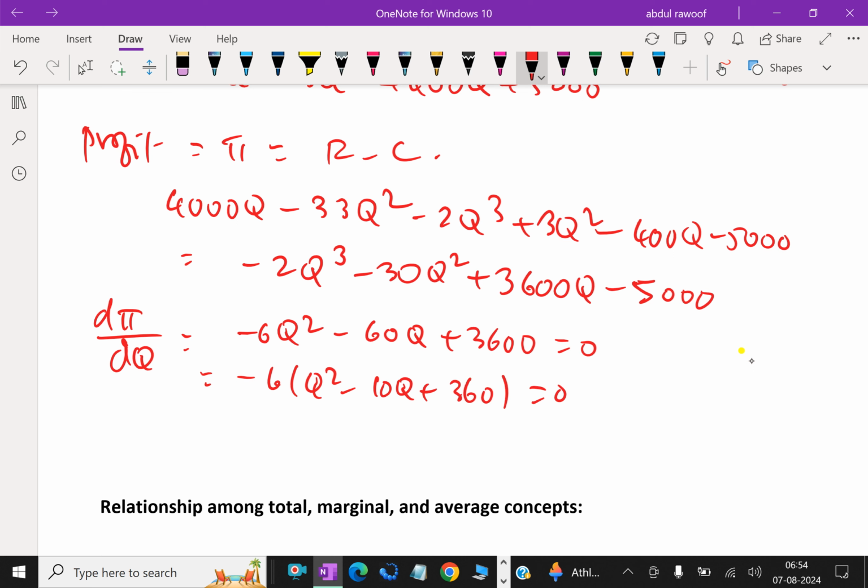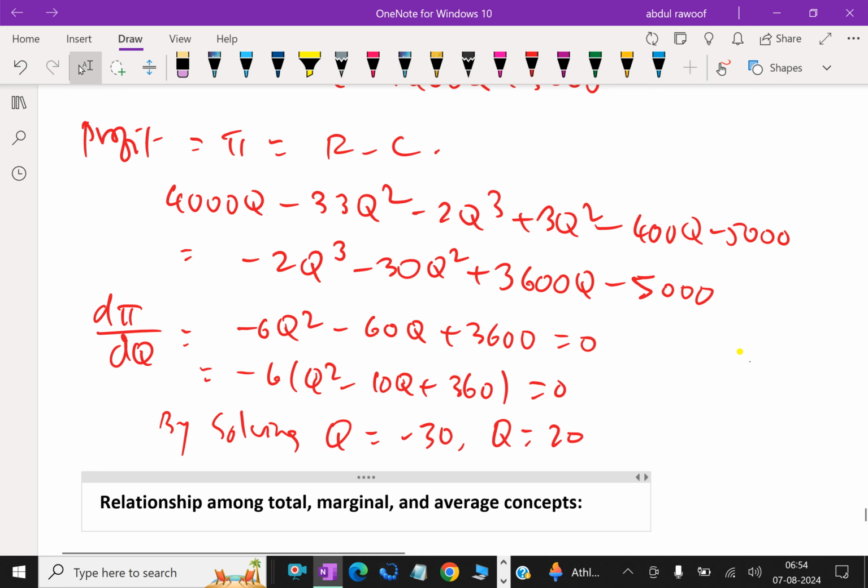By solving the quadratic, we have q equal to minus 30 and q equal to 20.